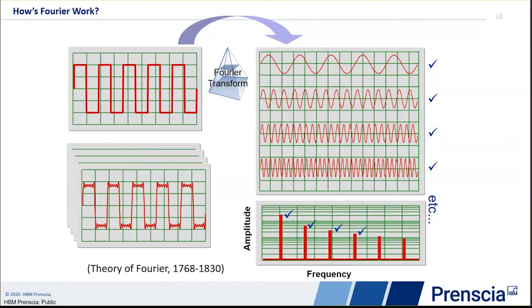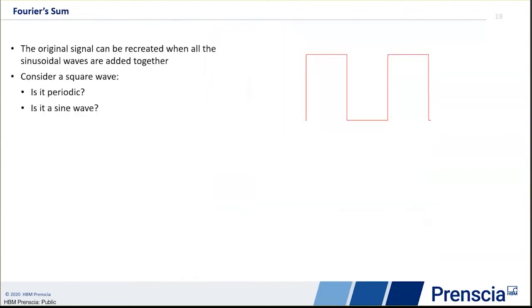So there are 4 frequency contents here with different amplitudes. At the end of the day, the Fourier transform separates the original time signal into individual frequencies and their amplitudes. Okay.